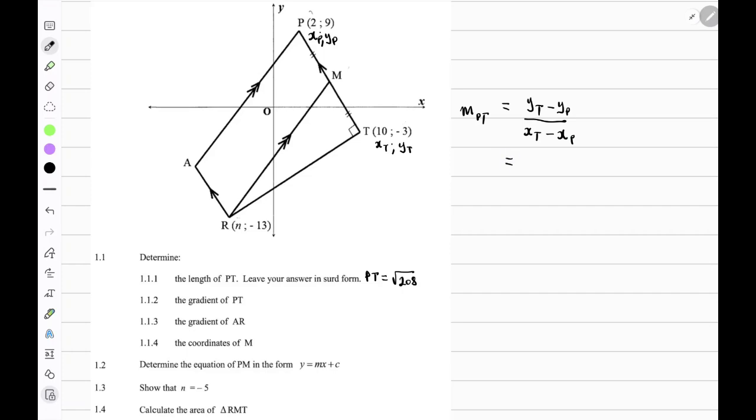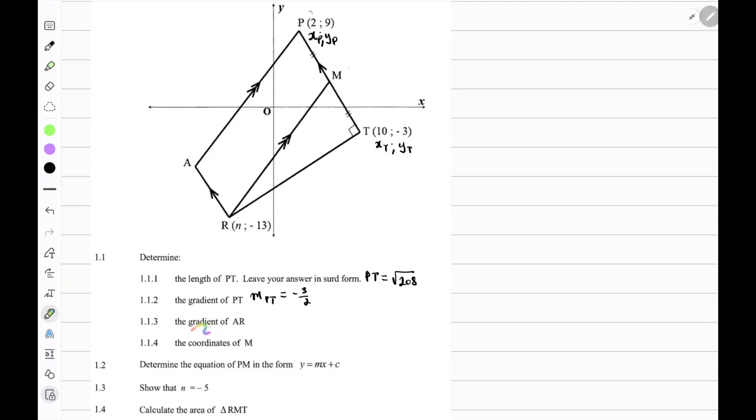So we can just substitute: minus 3 minus 9 all over 10 minus 2. So this is equal to minus 12 over 8, which is equal to negative 3 over 2.